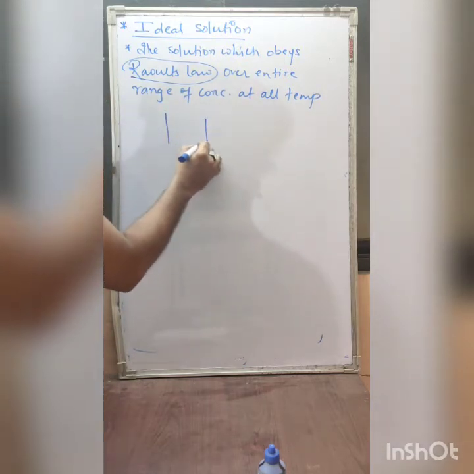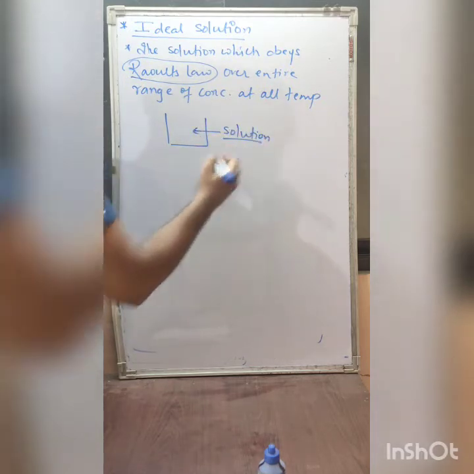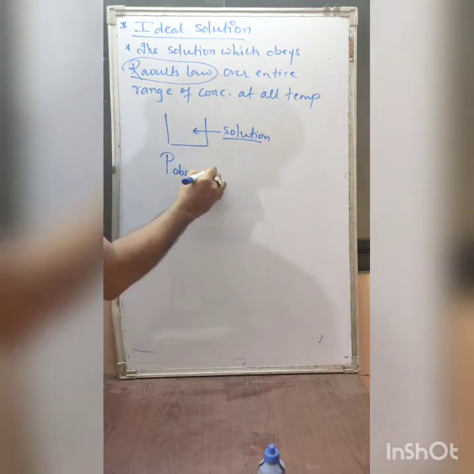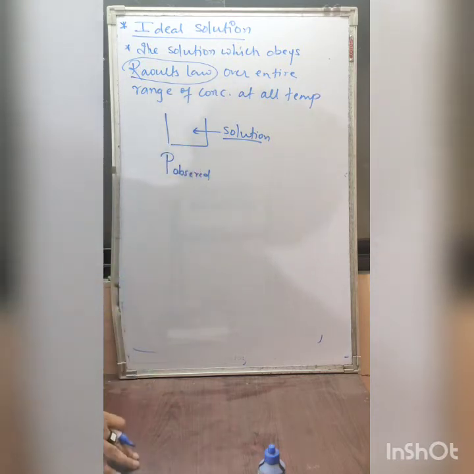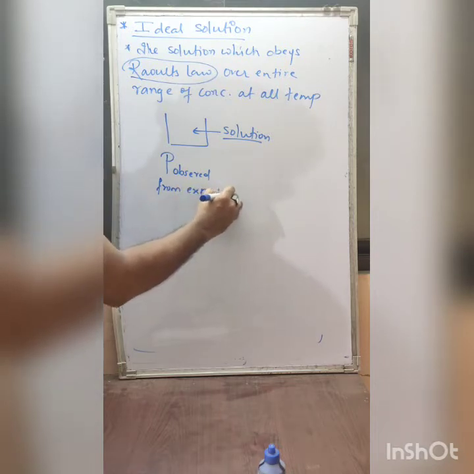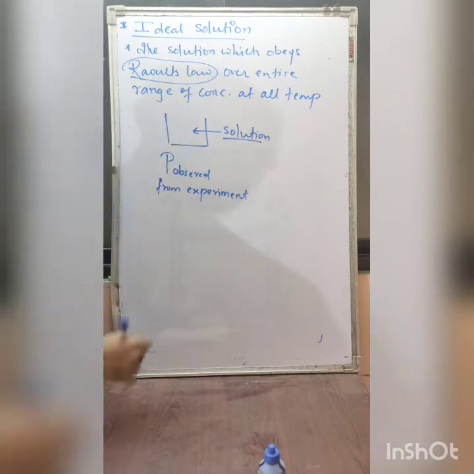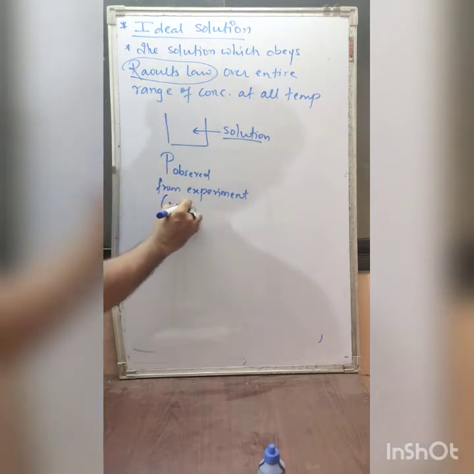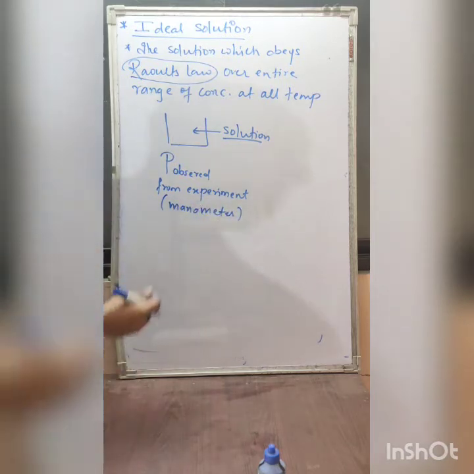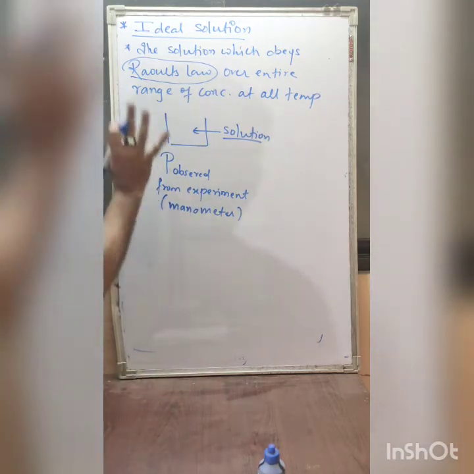Suppose I am having a solution, and for this solution I found out the observed vapor pressure from an experiment. I found the observed vapor pressure of this solution by using a manometer. A manometer is an instrument through which we can find out the vapor pressure of the solution. So I have the observed vapor pressure.